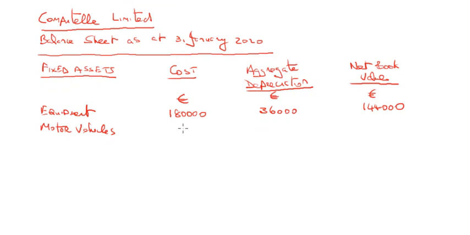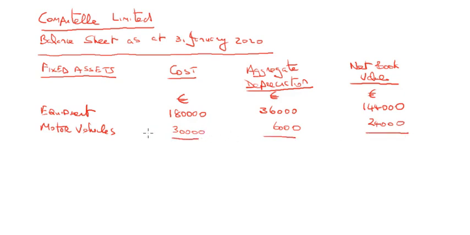So we've got the cost of the motor vehicles, we said, was 30,000. And the accumulated depreciation was 6,000. So the net book value is just 30 minus 6, or 24. Now we'll add up each of these columns.